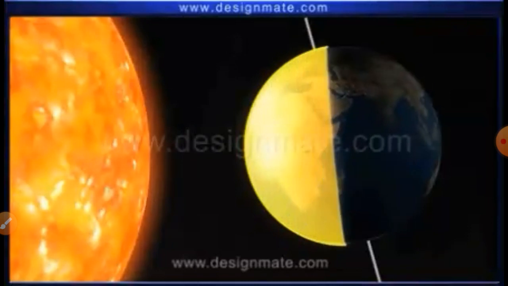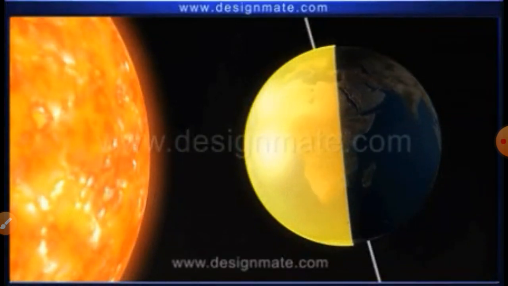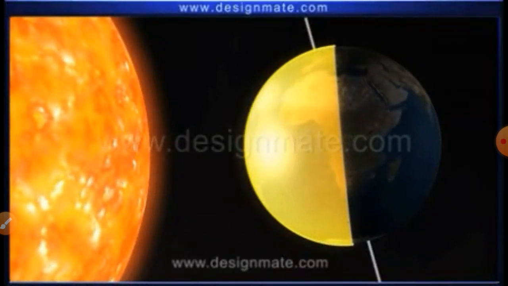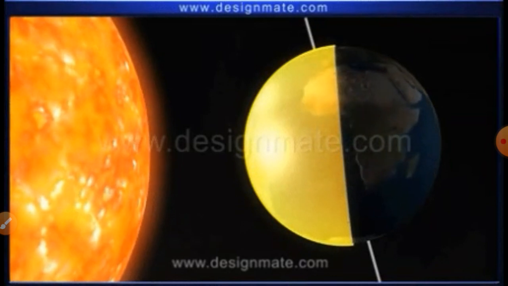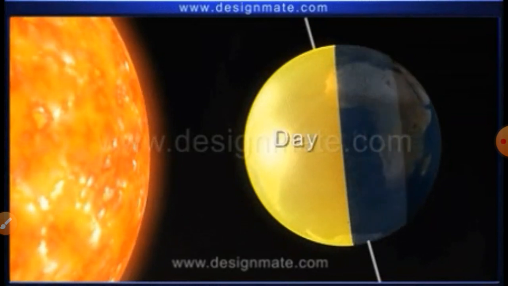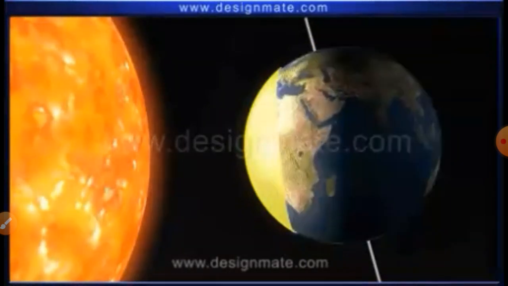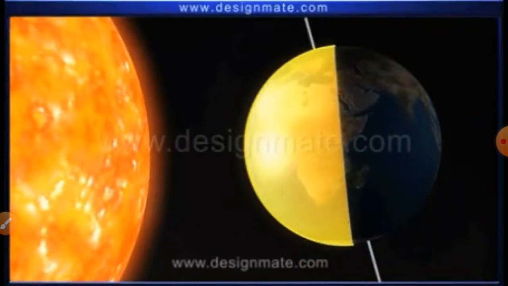As the earth rotates, its different parts come into the light of the sun, one after the other, as you all can see.